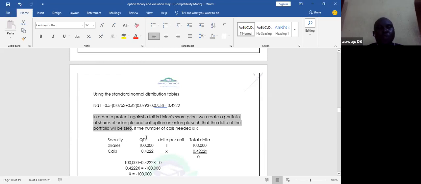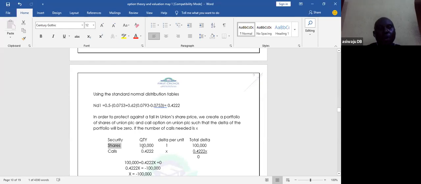Look at this portfolio. If the number of calls needed is X, we create a portfolio with the security, the quantity, delta per unit, and total delta. Shares are your asset.